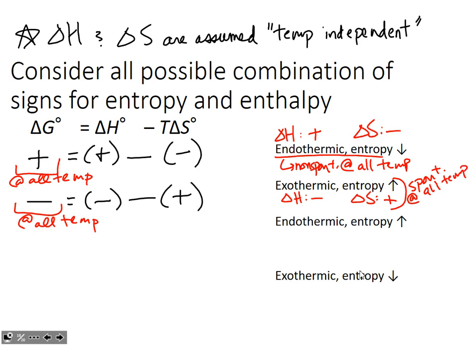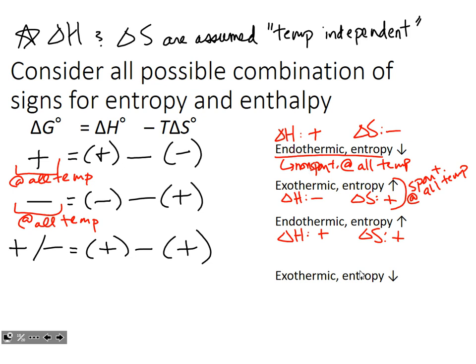But if we have an endothermic process, so delta H is positive, where entropy increases, where delta S is also positive, now we have a situation where we have a positive value minus a positive value. We cannot predict a sign, right? We can have two possible answers.